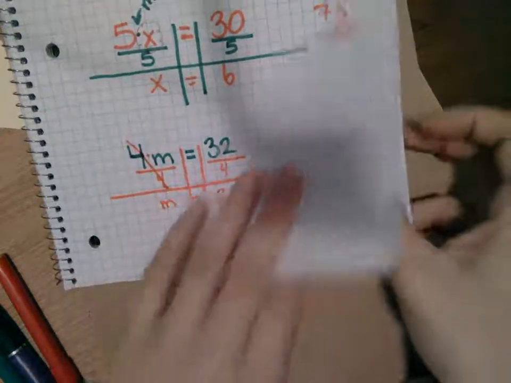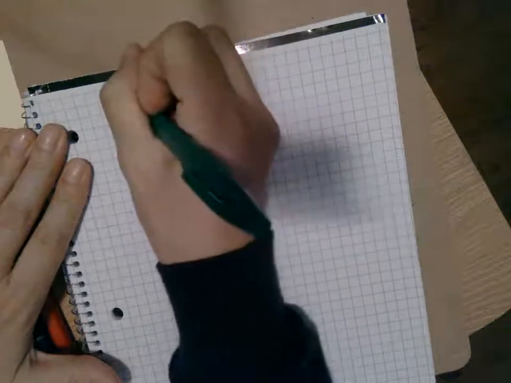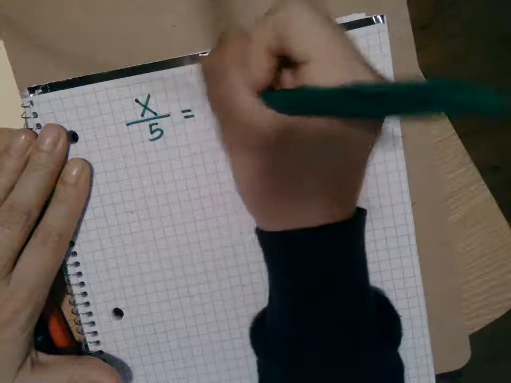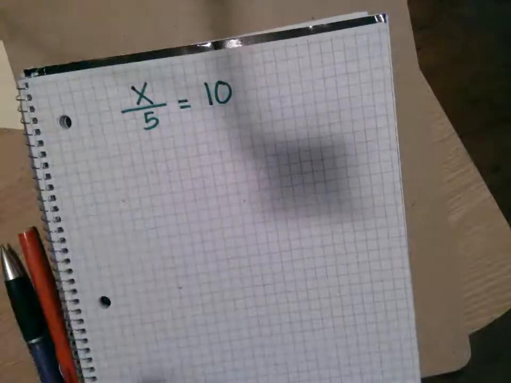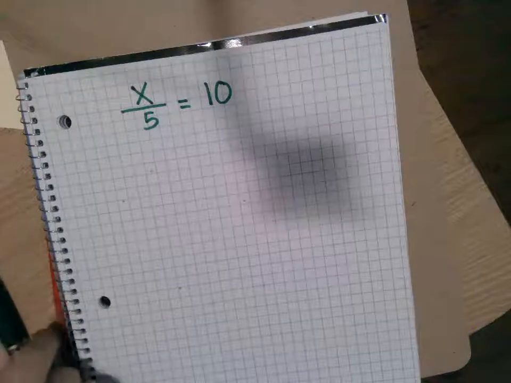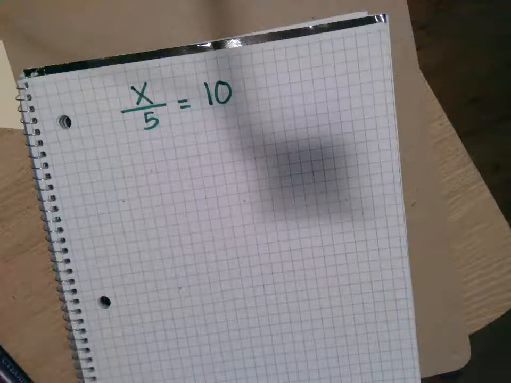Now we're going to move on to equations that involve division. For example, let's do x divided by 5 equals 10. Now, a lot of my students will say, the answer's 2, Miss Lomelli.